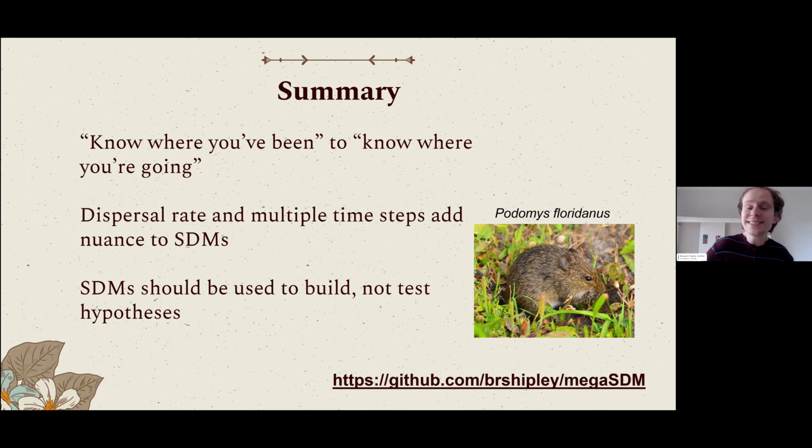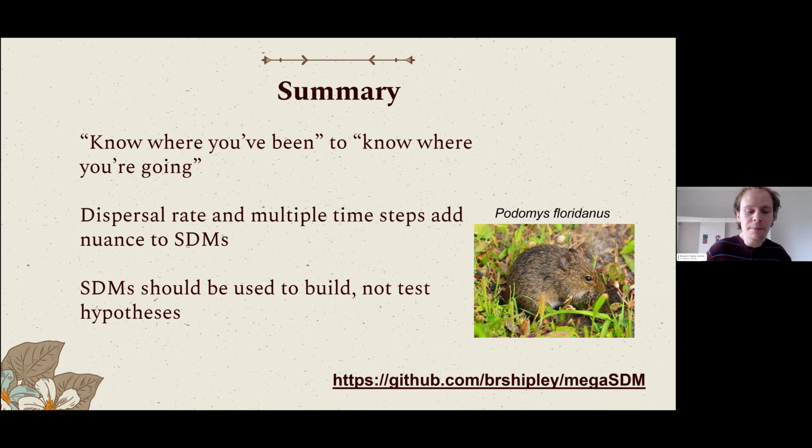So that's it for this demonstration, but I just wanted to leave on a bit of a soapbox and say that you have to know where you've been to know where you're going in terms of modeling species distributions. Species distributions on the planet today are a function of not only their ecology now, but also historical contingencies. And as a result, using dispersal rate and multiple time steps adds lots of nuance into these species distribution models.